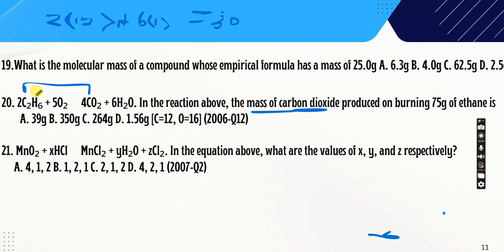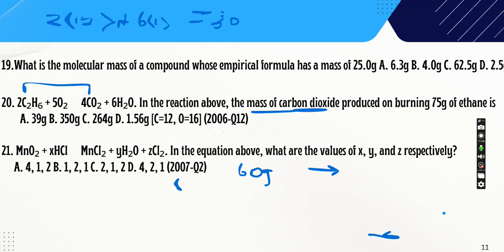So here now we have 2 moles of ethane. That will be 30 times 2, that is 60 grams. 60 grams of ethane will give us a mass of CO2. A mole of CO2 is 44 grams, but we have 4 of it here now.